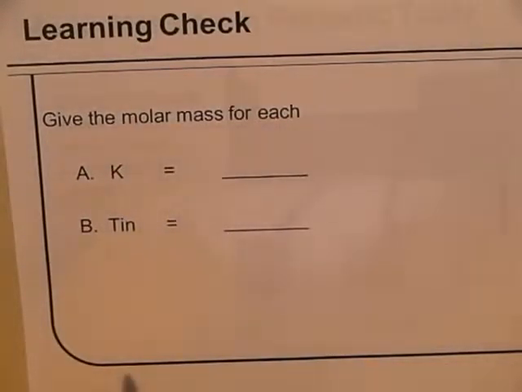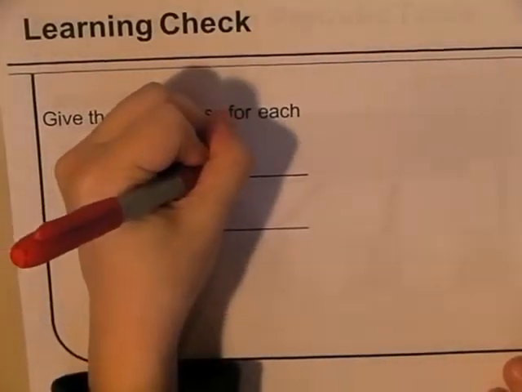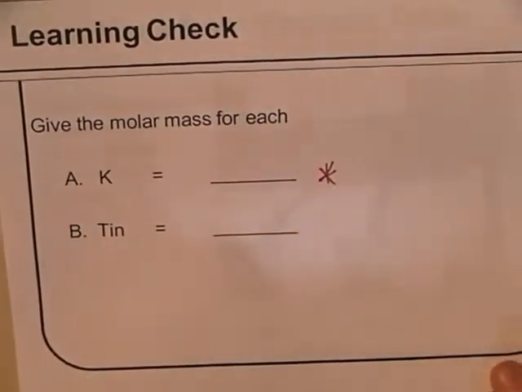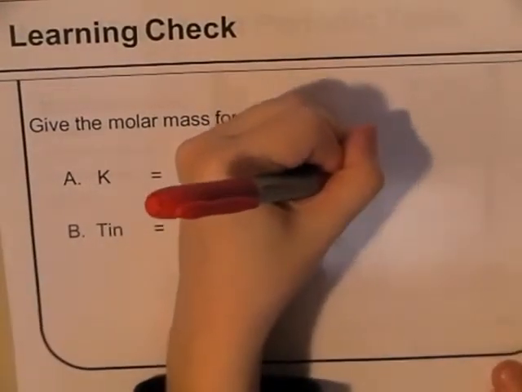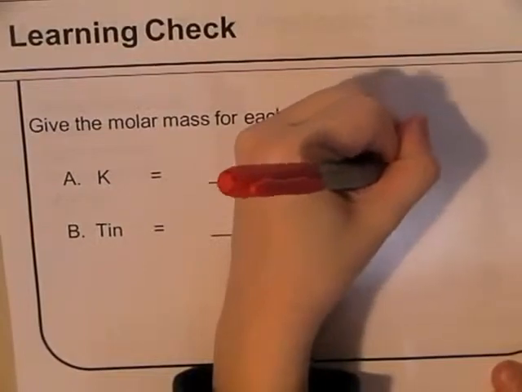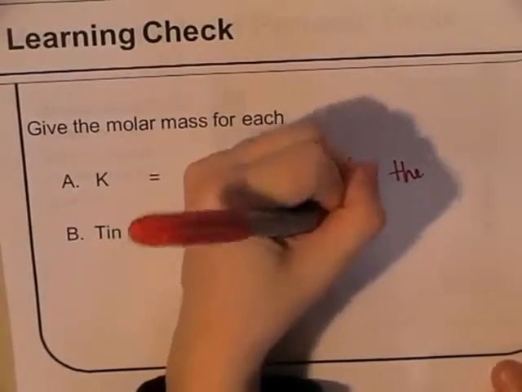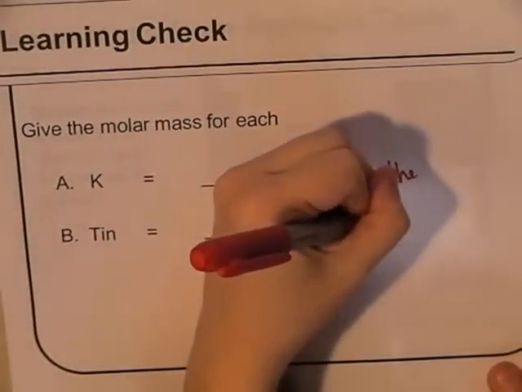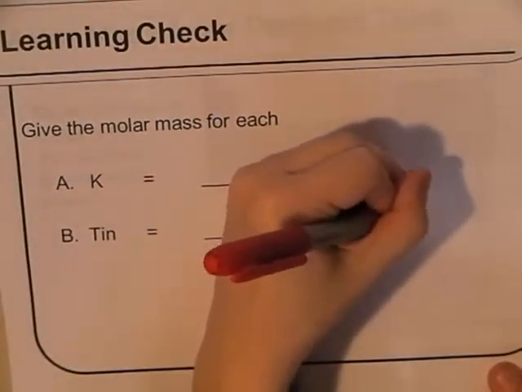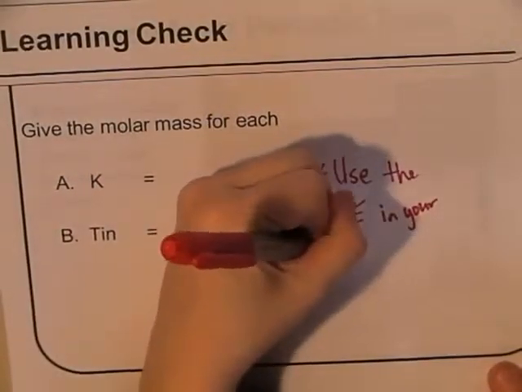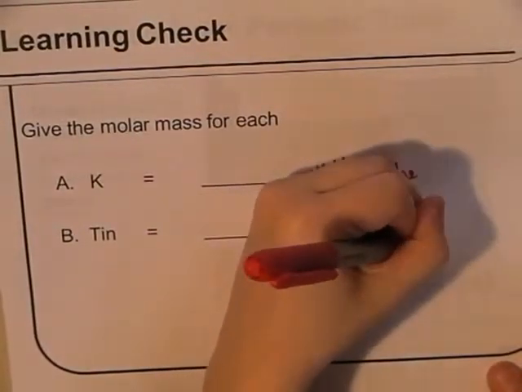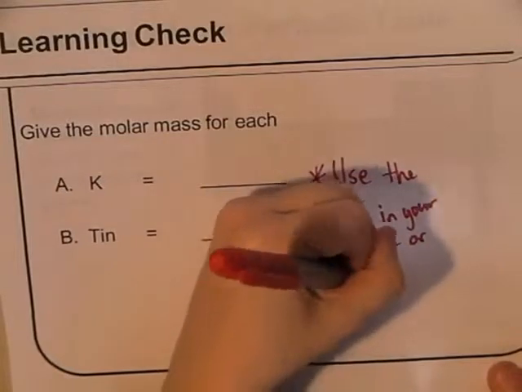Hopefully you're looking, maybe you're looking at the one I gave you, but this is also to help you out: use the periodic table of elements in your notebook or the laminated one.